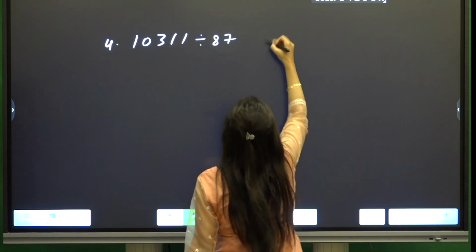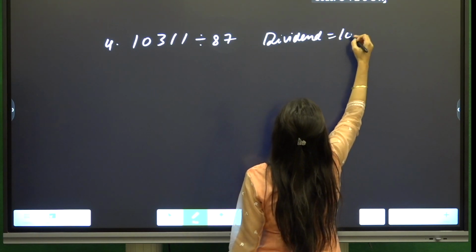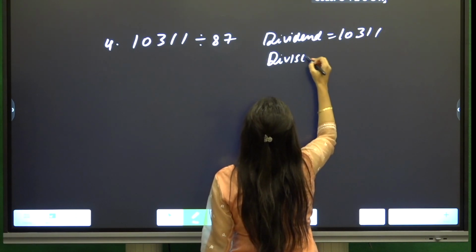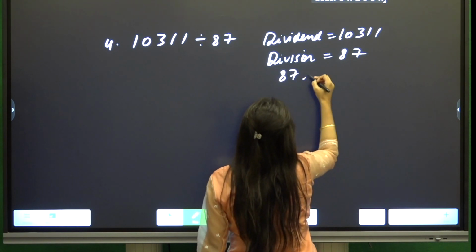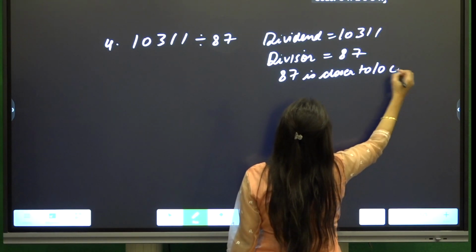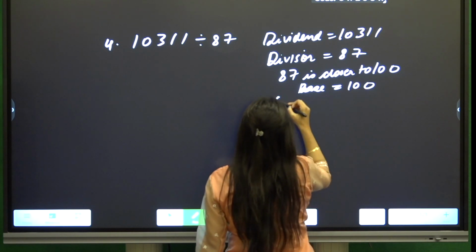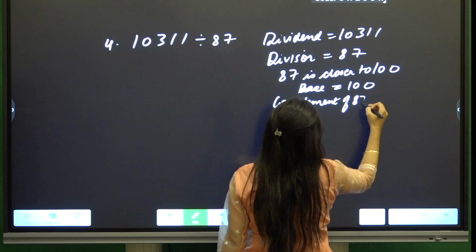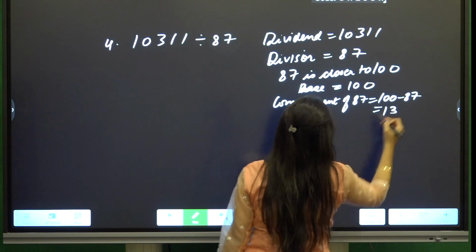So dividend is 10311, divisor is 87. 87 is closer to 100. So base here is 100. Complement of 87 is 100 minus 87, which is 13.